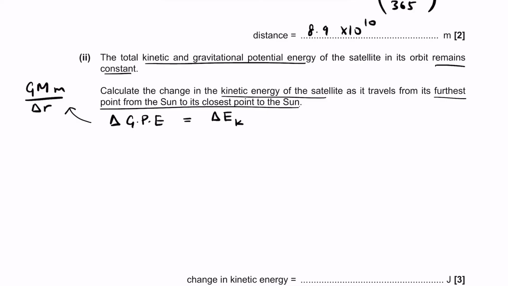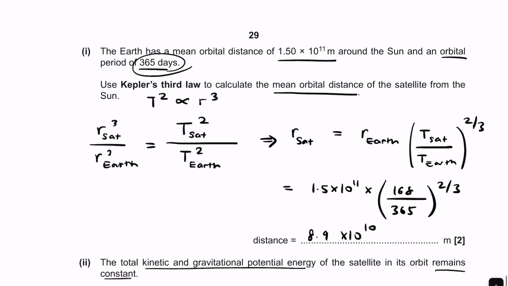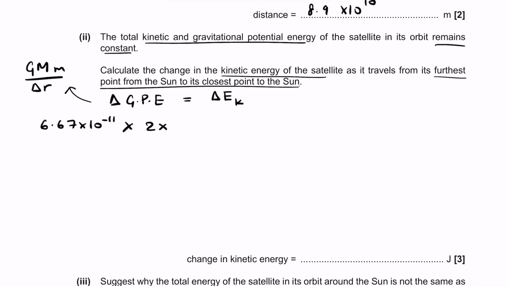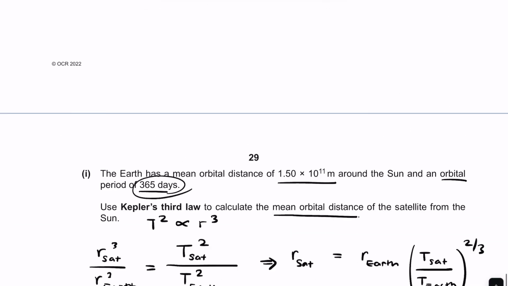Pop that in with some numbers. The value of capital G is 6.67 times 10 to the minus 11. The mass of the Sun is given to us as 2 times 10 to the 30. Lovely. The mass of the satellite is 209.